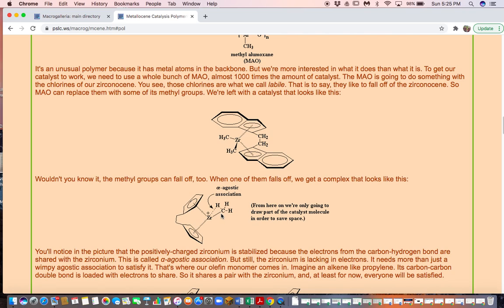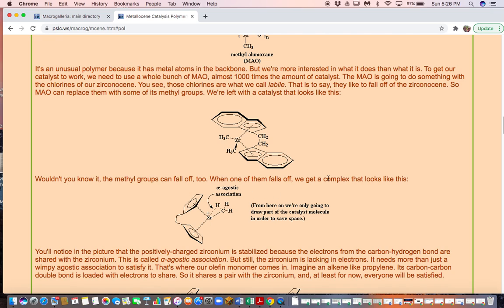You're also making a little bit of a complex between one of the methyl hydrogens and the now positive zirconium. Not a very strong one, but it just keeps the overall integrity of the structure in place, keeps the methyl group aligned at a certain level. This is called an alpha agostic association. Very specific type of interaction that a metal ion, in this case a zirconium, makes with an adjacent methyl hydrogen.